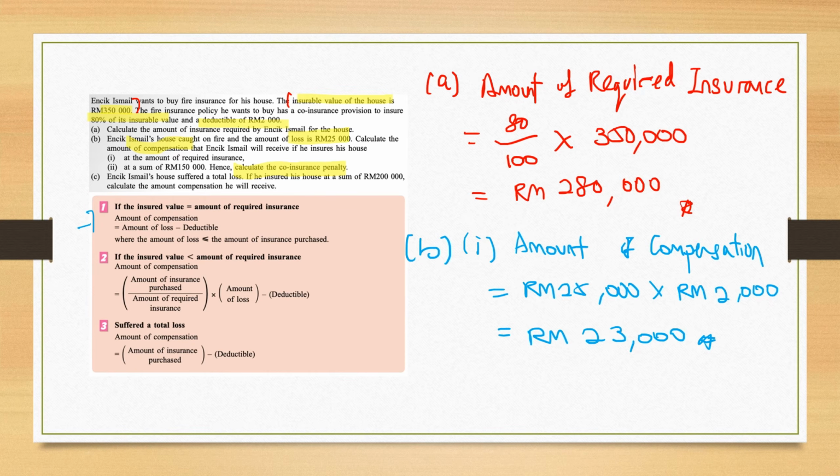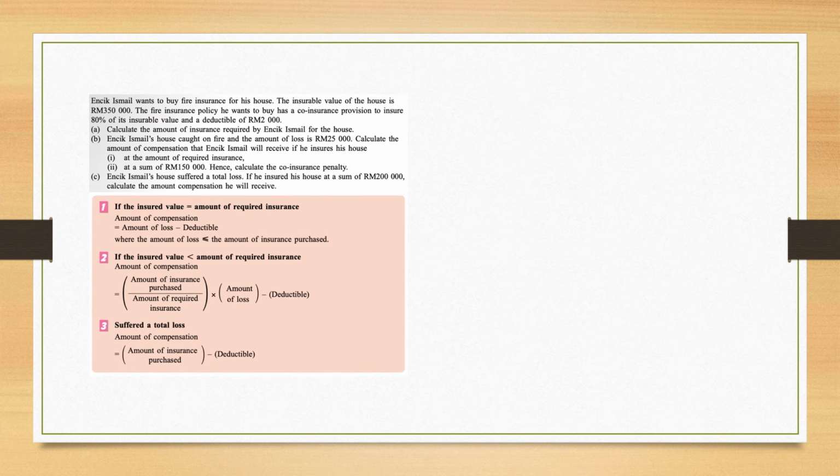So now we need to move on to part B2. Let me do this again. Insured house is 350,000, 80% insurable value, and deductible 2,000 ringgit. Amount of loss 25,000 ringgit. Sum of 150,000. Calculate the co-insurance. Now, let me just list down the figures that we calculated for part A and part B1.